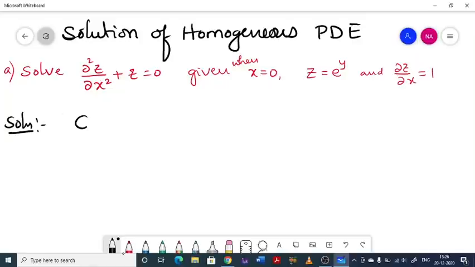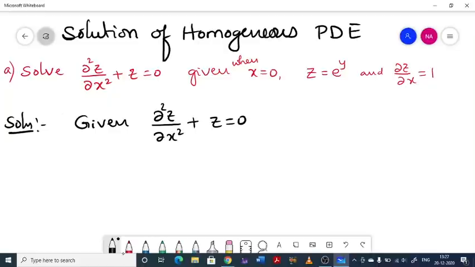So first, given the partial differential equation, it is del square z by del x square plus z equal to 0. What are your observations from this equation?